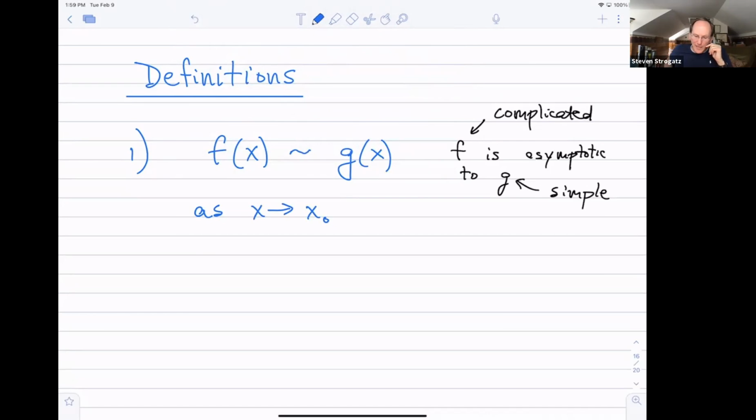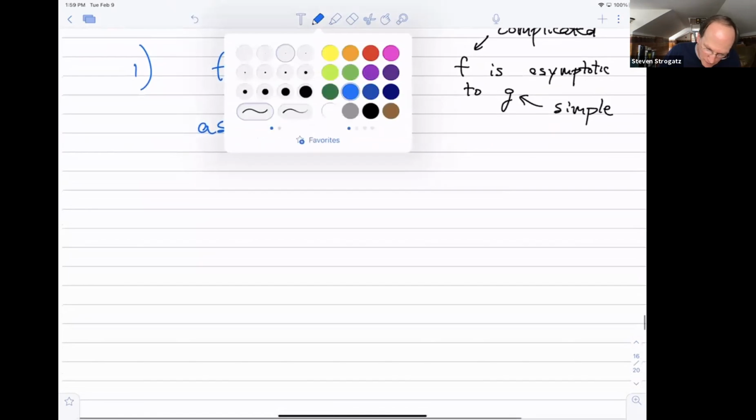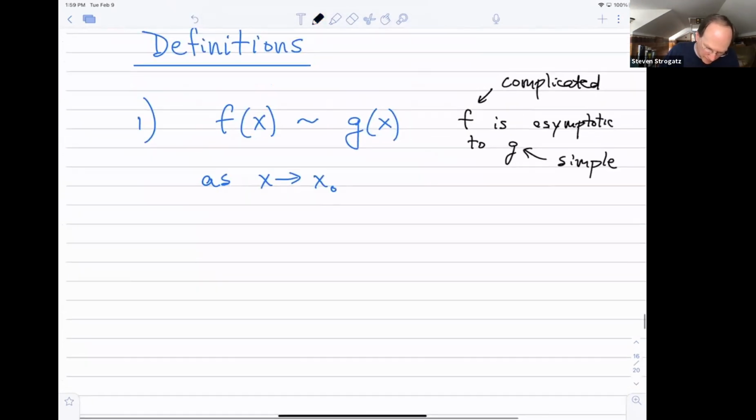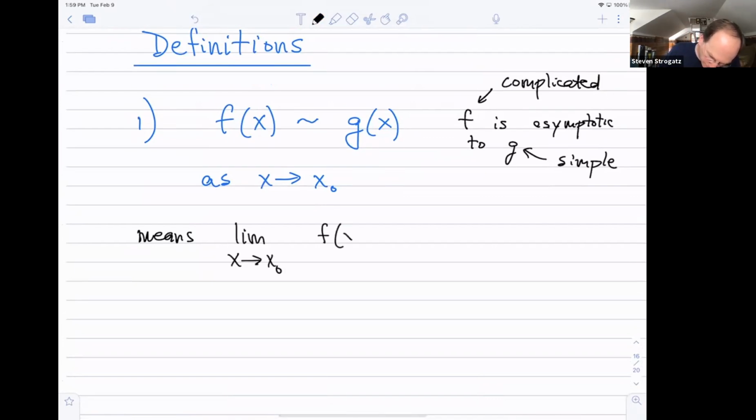So when we say f is asymptotic to g as x goes to x0, what that means is that if you look at the ratio between them and take the limit as x goes to x0, that ratio is 1. So that's what we're going to mean by asymptotic, that the ratio of the two things approaches 1 as you approach some point of interest.